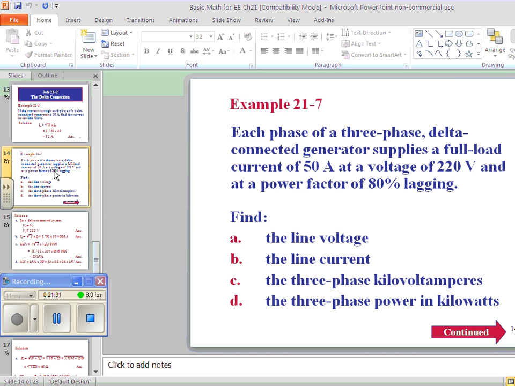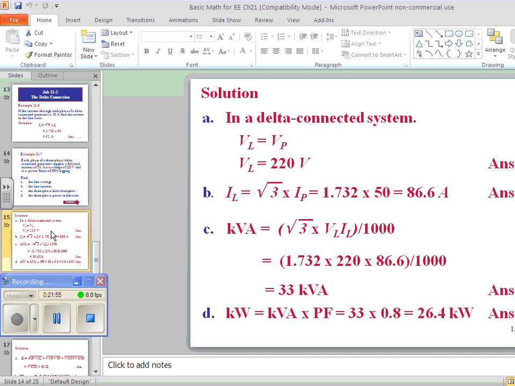What's all the same in delta? Voltage, but the current's not. So the first question was what's the voltage, and all the voltages are the same. If it's 220 on the phase, it's 220 on the line. So our first answer is 220 volts.